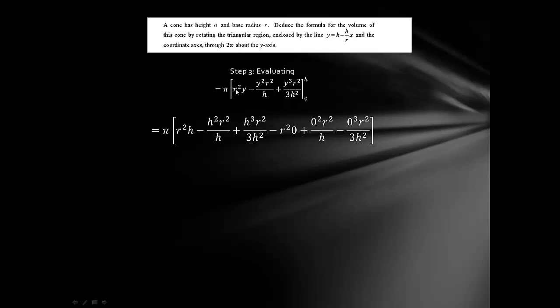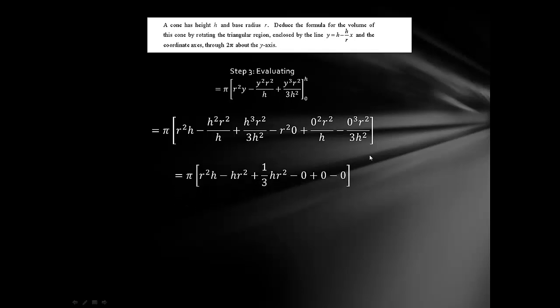When you evaluate the bottom value, we always multiply by negative numbers, so we have minus r squared 0 plus 0 squared r squared over h minus 0 cubed r squared over 3h squared.